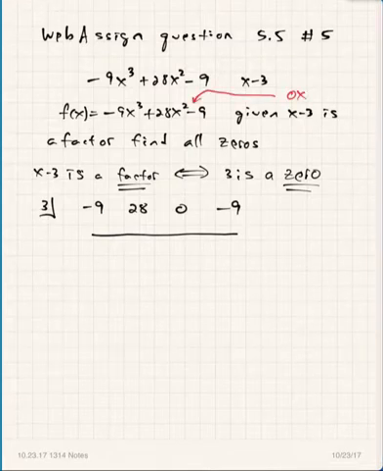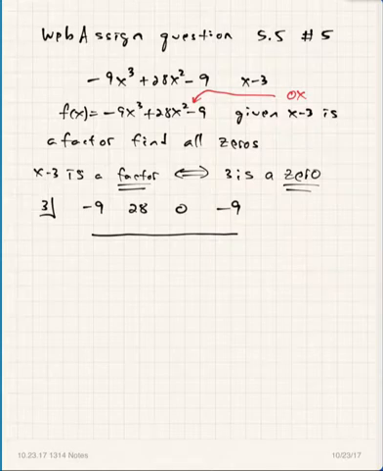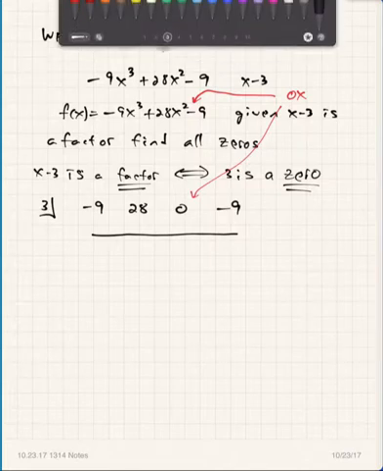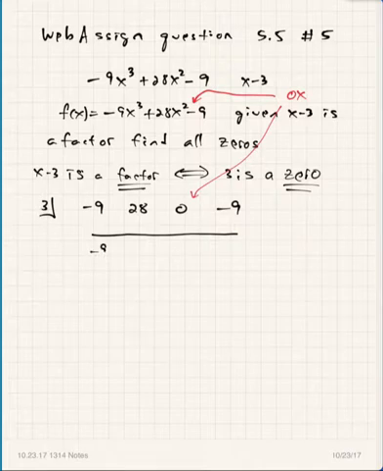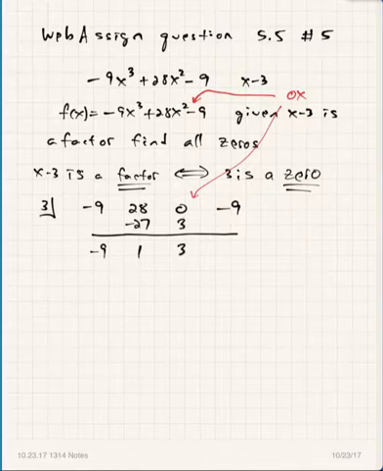An x term is missing, so I have 0x there, and so notice I put a 0 down here in the coefficients as well. Easy to overlook that if you're not careful. So I bring down the -9, I go through the synthetic division, I get -27, I add, I get 1, 3 times 1 is 3, I add, I get 3, and then 3 times 3 is 9, add on, I get 0.